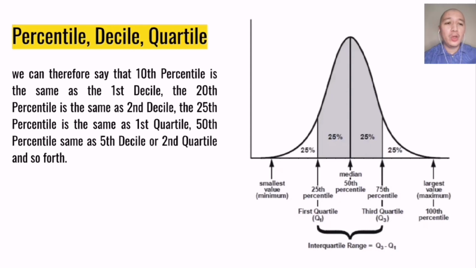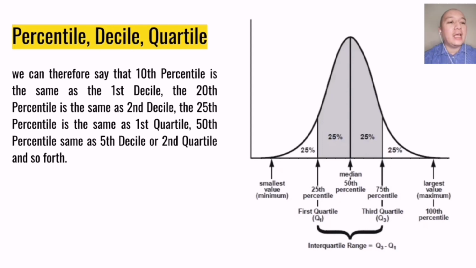Whichever you use, if I'm referring to the first quartile, it's the same, that's the 25th percentile. If I'm referring to the 75th percentile, you're looking at Q3. So it's the same. Don't be confused if these terms are used interchangeably, alright?